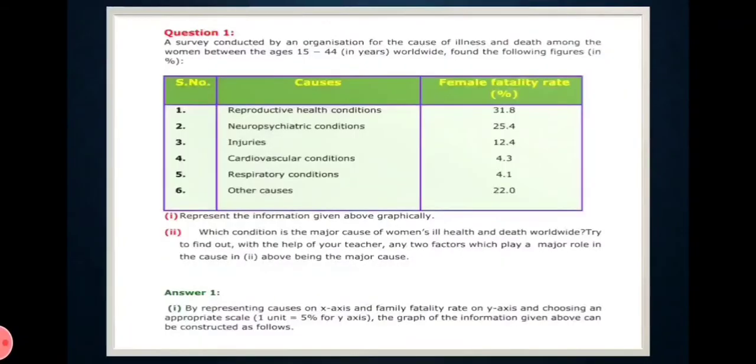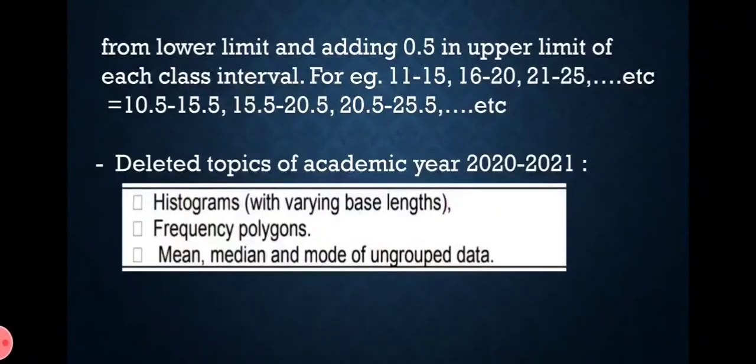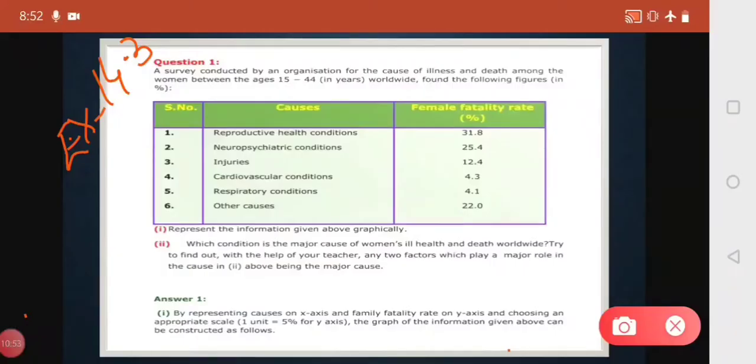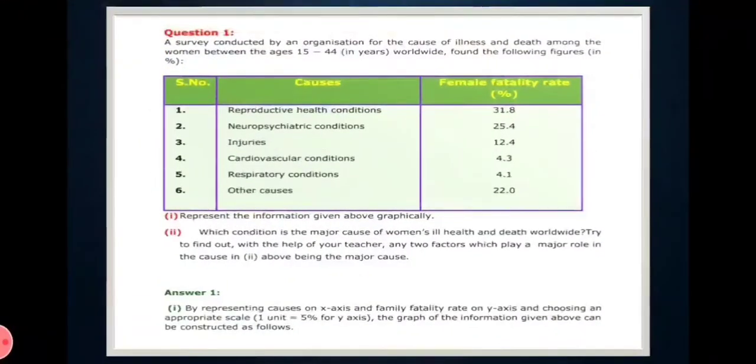Now let's start with exercise 14.3, question number 1. A survey conducted by an organization for the cause of illness and death among women between the ages of 15 to 44 years worldwide found the following figures in percentage.